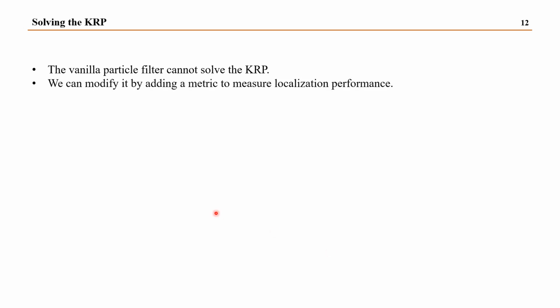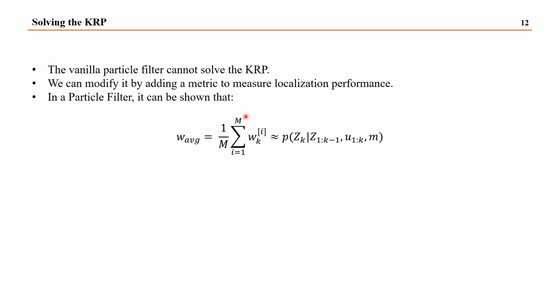So as we said, we need a type of metric to evaluate how the localization performance is going. Now, in a particle filter, it can be shown that the mean of the weights, omega AVG, of all the particles at a certain time step is a good approximation of the measurement likelihood.